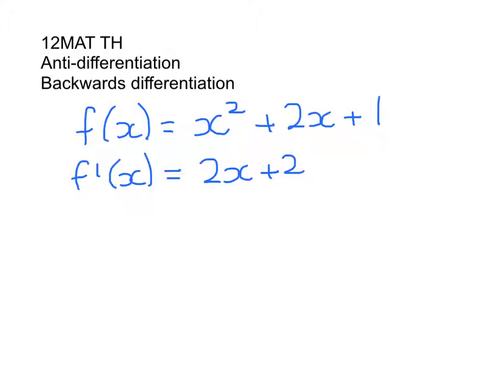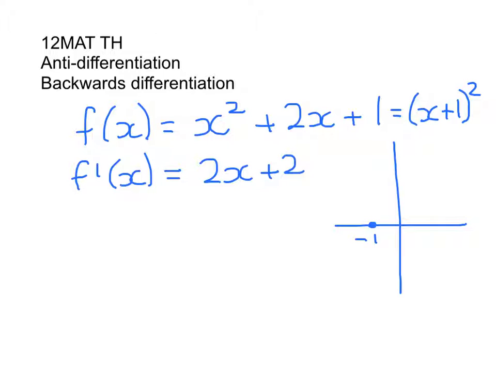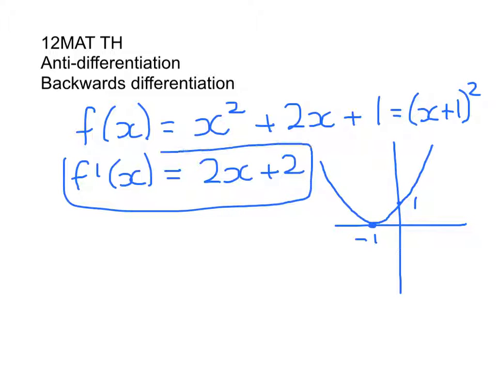Now for this simple function, I can draw the function here because I know it's a parabola and it would equal x plus 1 squared. So in this example, from our graphing unit, we know that it's going to look like this. This gradient function tells me the slope or gradient at any point on the curve.